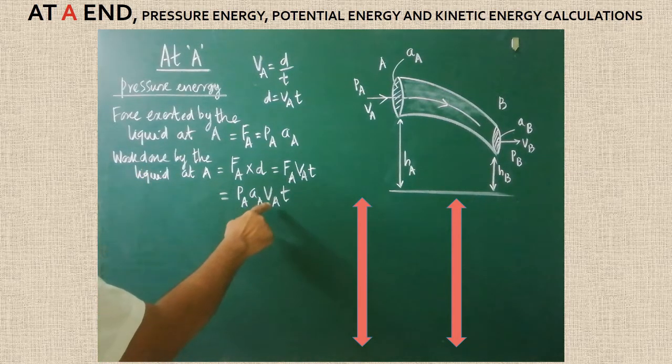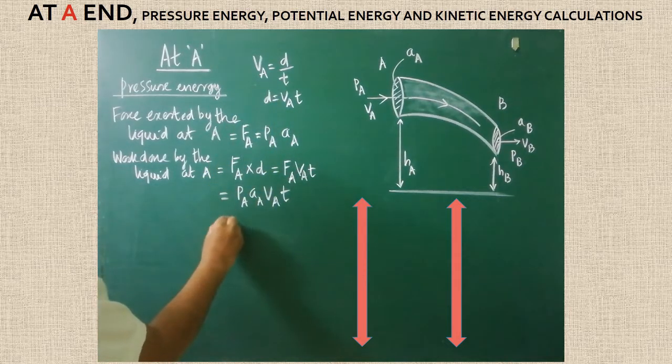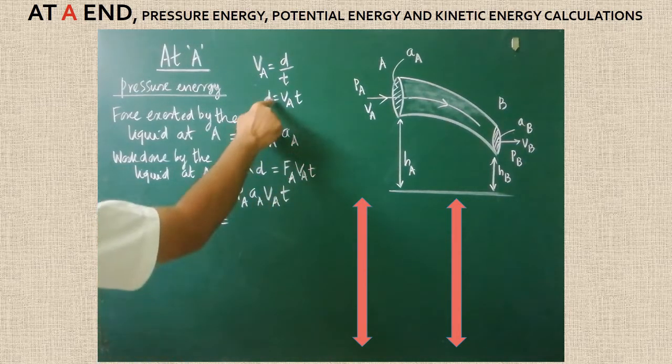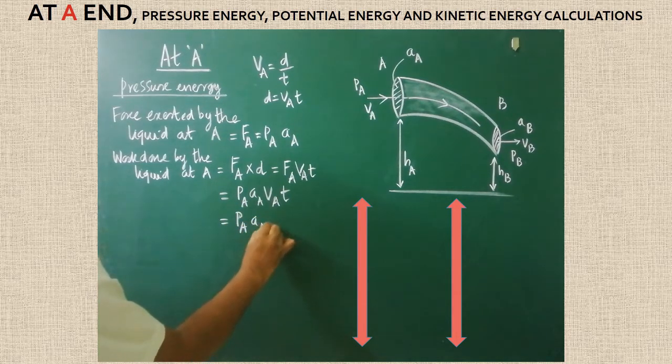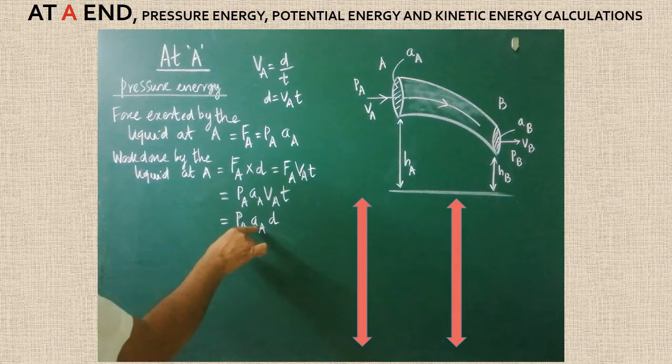Again, VA into T can be replaced by D. So in PA AA VA T, VA into T is replaced by D. Now look at the factor AA into D, area of cross section into distance.